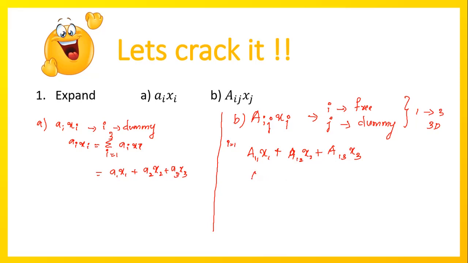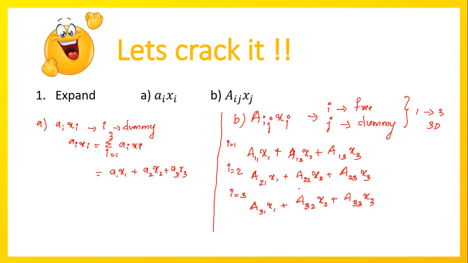The another equation, when I is equal to 2, is A21 x1 plus A22 x2 plus A23 x3, and for I equal to 3 we have A31 x1 plus A32 x2 plus A33 x3.